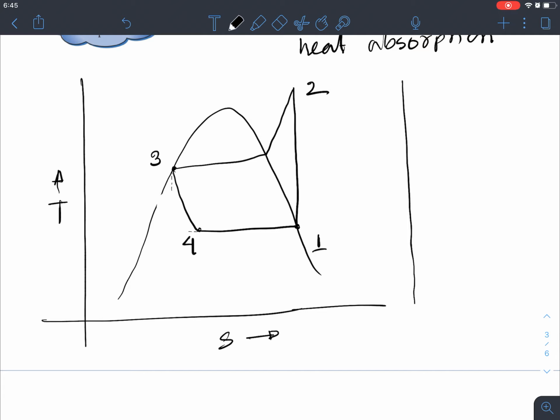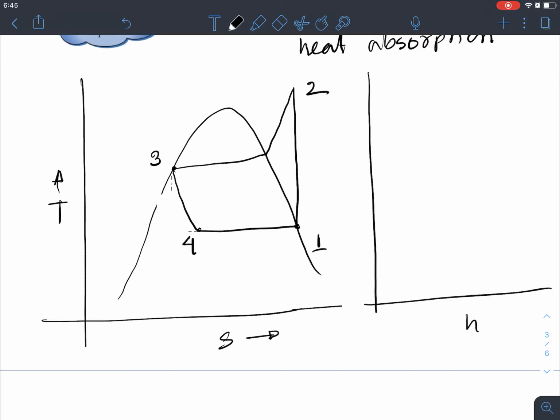So here, instead of using the PV diagram, we will use the pH diagram a lot, right? So the pH diagram, let me remove it. In the refrigeration cycle, the pressure versus enthalpy diagram will look like this. Okay, I exaggerated it a little bit.